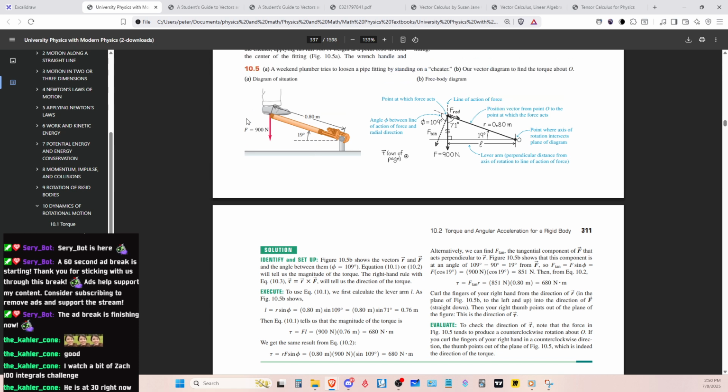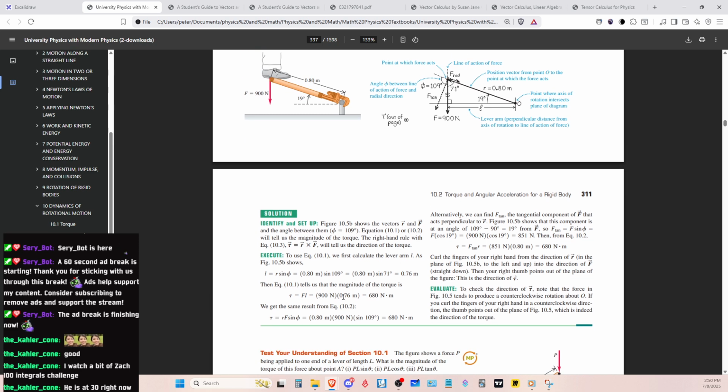That's the reason why I wanted to flip this, because I always hate it when they flip it in the opposite direction, and then I'm like, oh wait, do I have to convert? And I guess I have to convert angles. Let me see here. I mean, we got the setup right.